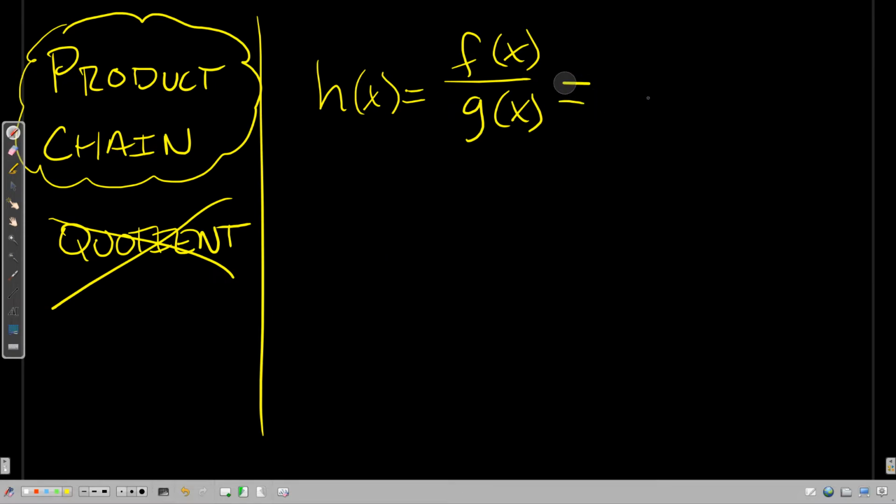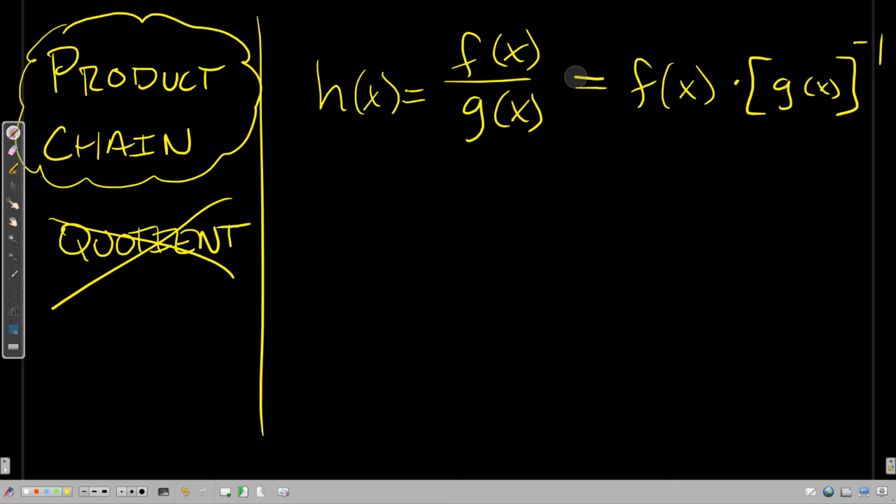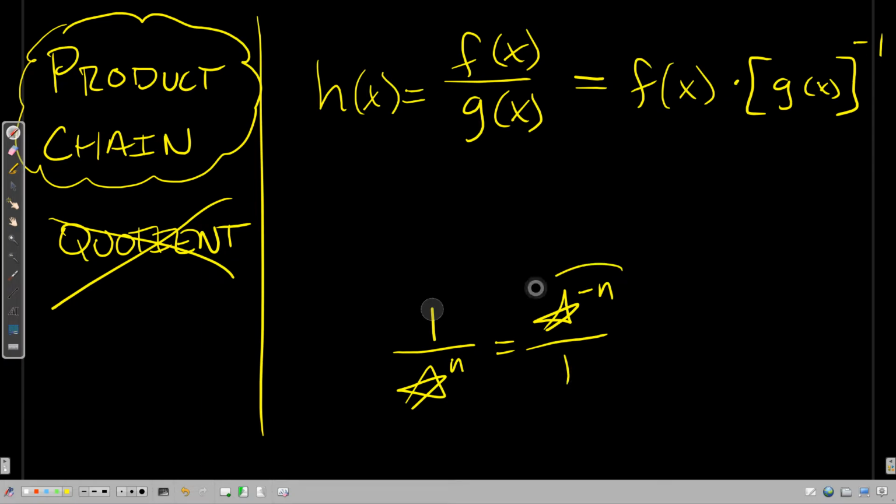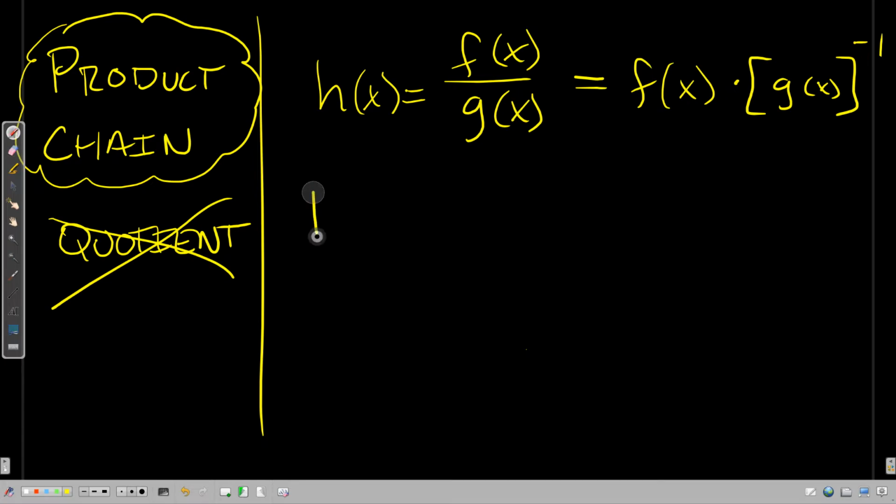I can do the same thing without knowing the quotient rule, because this would just be f of x times g of x to the minus 1. Remember our fact. In this case, n is just 1. So up here it becomes g of x to the minus 1. Okay, well, super. Then I can take the derivative of h.